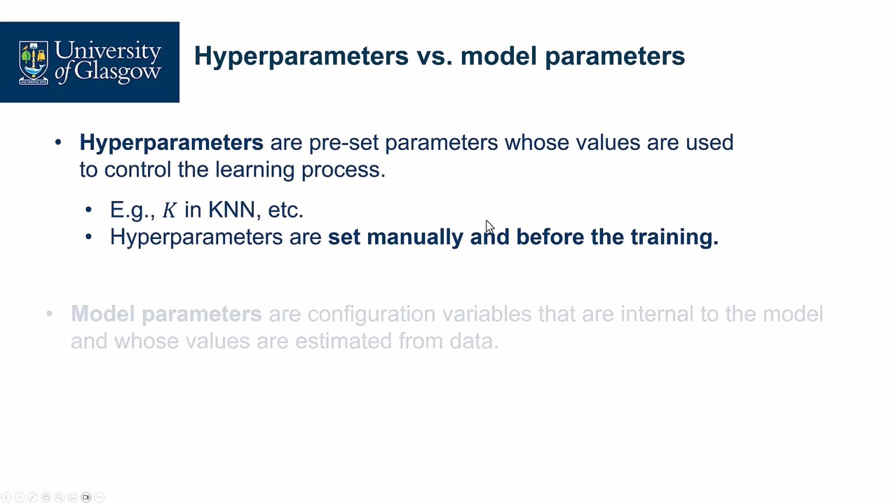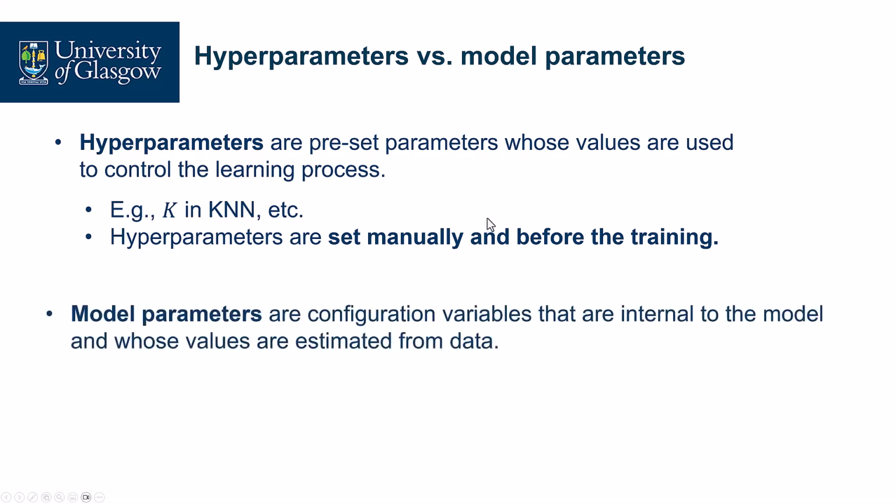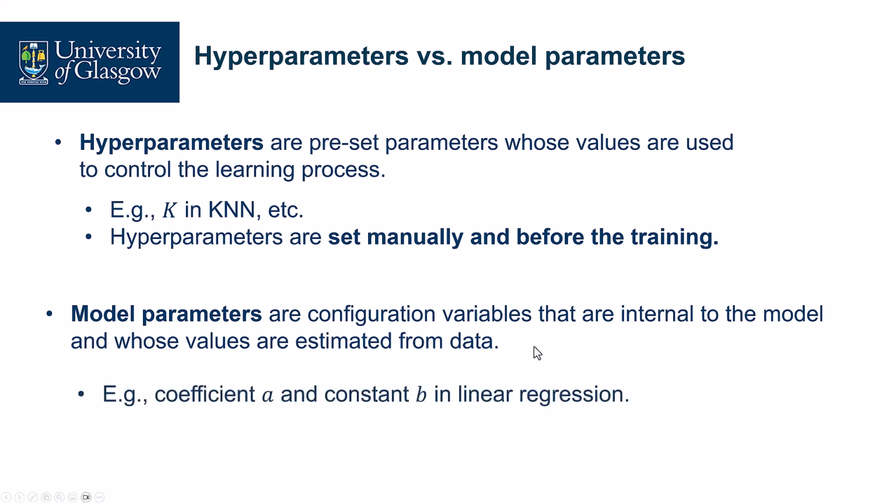Model parameters are rather different. These are the internal configuration variables of the model. These are estimated from the training data. For example, the coefficient A and intercept B of the linear regression. These are learned from the data, right?